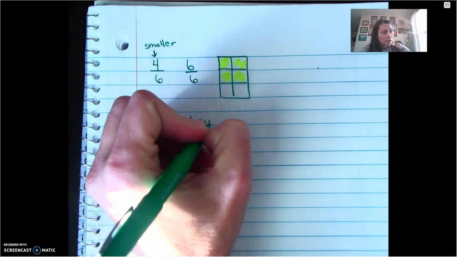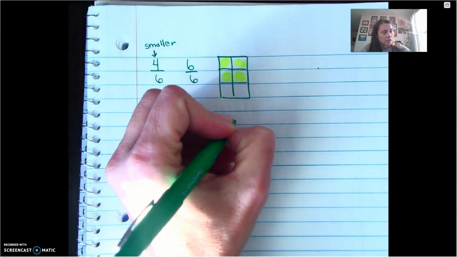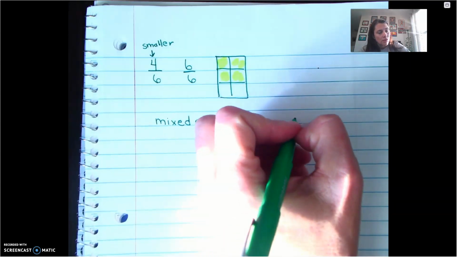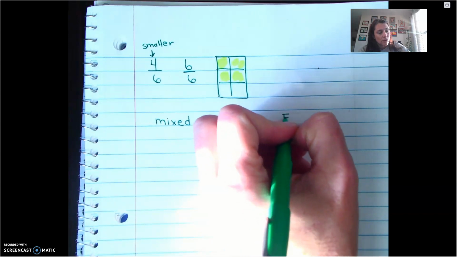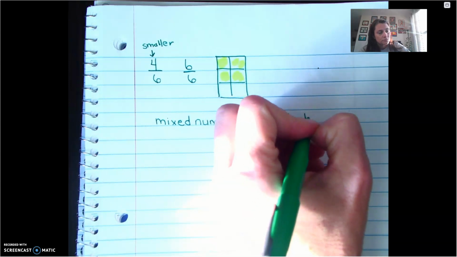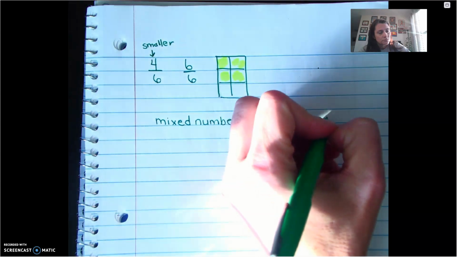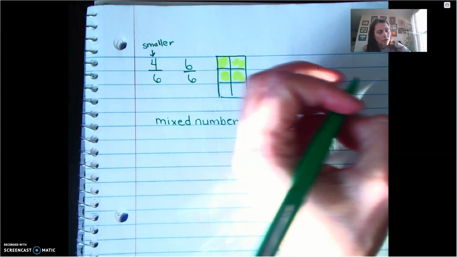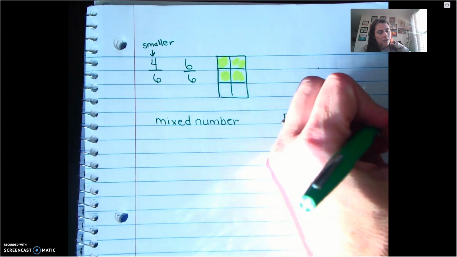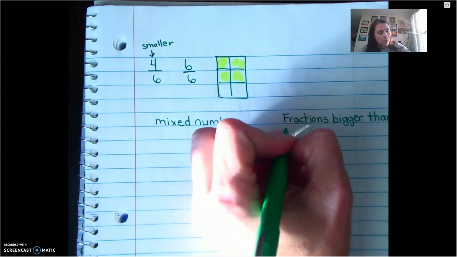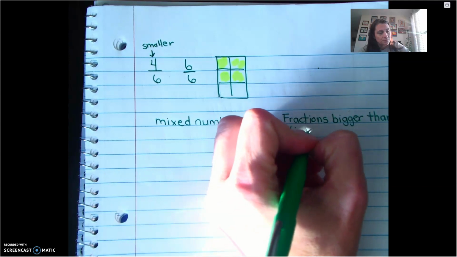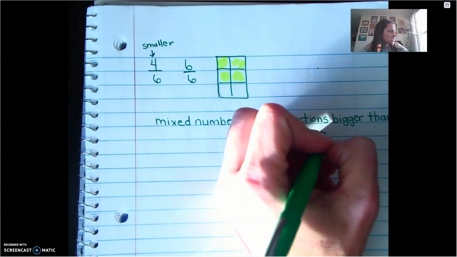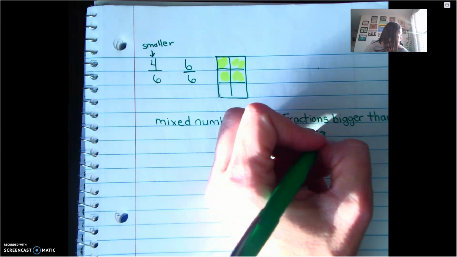It's going to be a mixed number, and I'll show you what that is. And then there is fractions bigger than 1. Now, you might hear it as improper fractions, but really all that means is that they are bigger than 1.